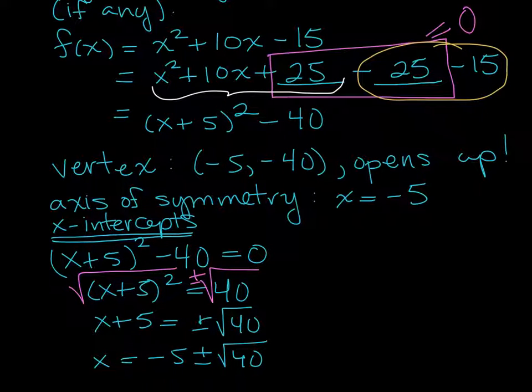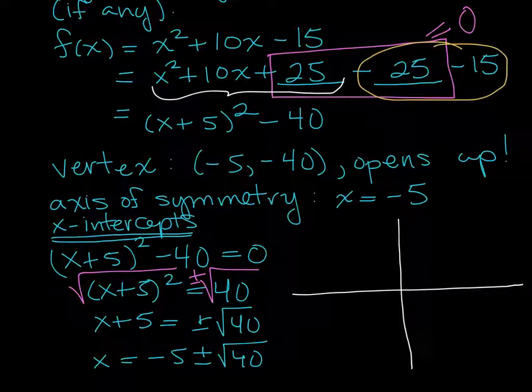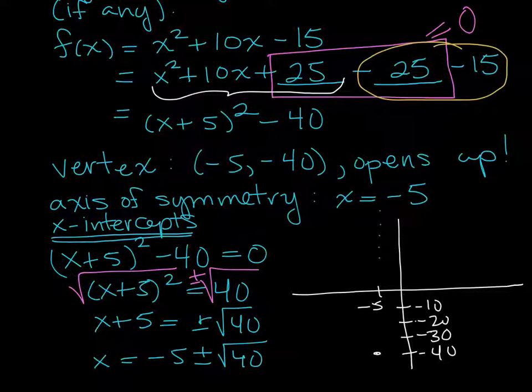So finally, we can graph. Let's see here. So we'll make this negative 5, say minus 10, minus 20, minus 30, minus 40. There's our vertex. Here is the axis of symmetry.